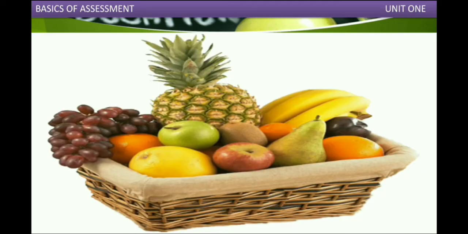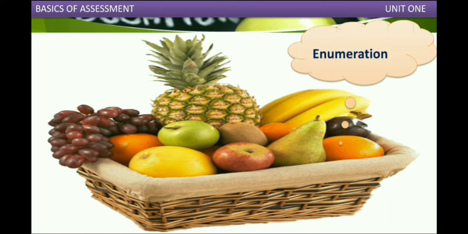Suppose you have a basket full of fruits. Just imagine there are 10 apples, 5 oranges, and a total of 20 fruits in that. This counting is what we call enumeration. If someone asks the weight of the basket, we will weigh it and find that it is 3 kg. So it was not the count, it was the weight.